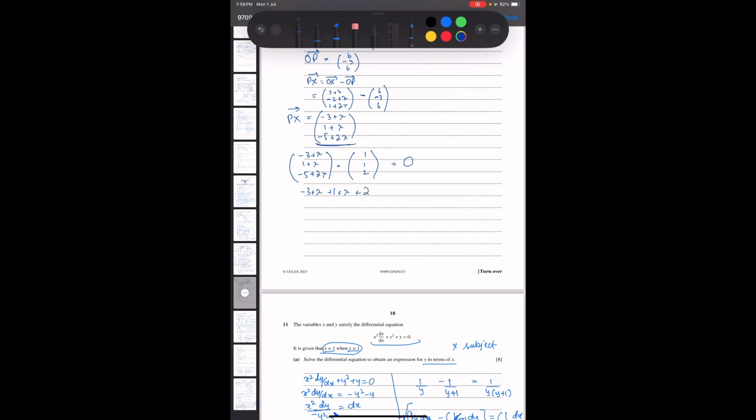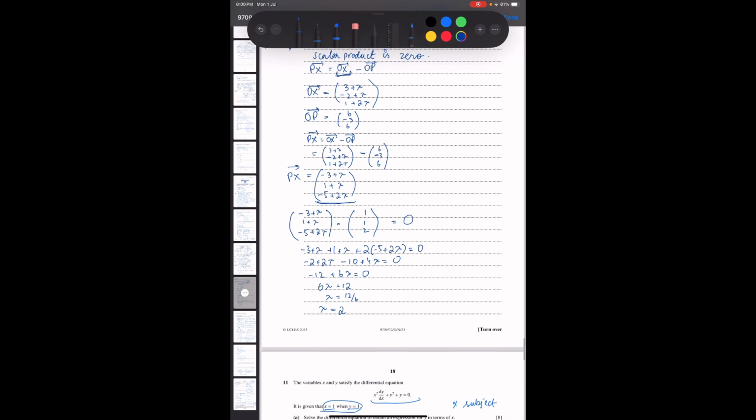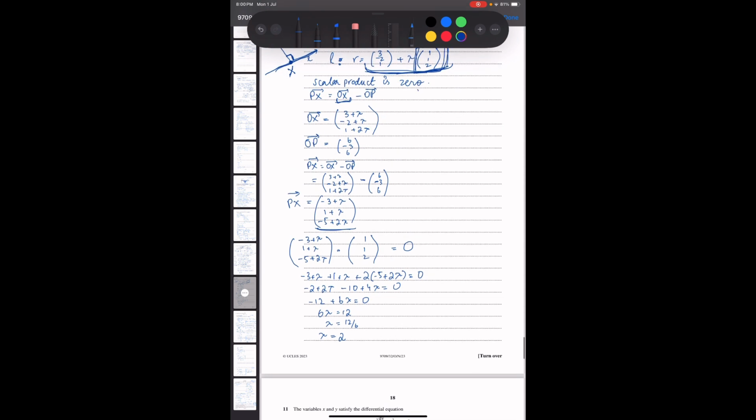And now 2 multiplied by minus 5 plus 2 lambda. So minus 3 plus 1 minus 2 plus 2 lambda minus 10 plus 4 lambda is equal to 0. Minus 2 minus 10 is minus 12 plus 6 lambda is equal to 0. 6 lambda is equal to 12 and lambda is equal to 12 upon 6, hence lambda is equal to 2. And we still are not done with the final answer.